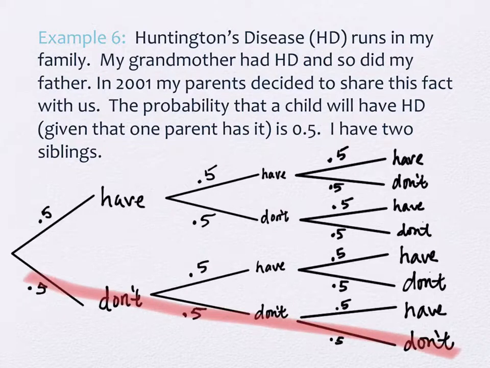I multiplied these three things together. So what is 0.5 times 0.5 times 0.5? It's 0.125. So how would I find the likelihood that at least one of us does have it? There's an easy way and there's a hard way. We talked about this last time.